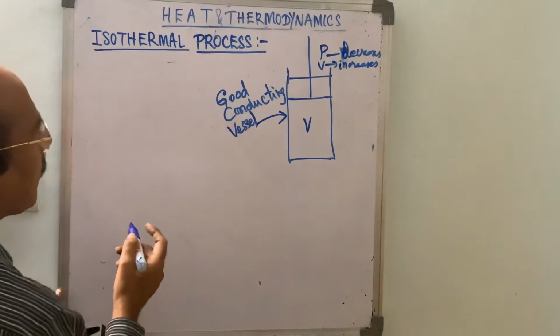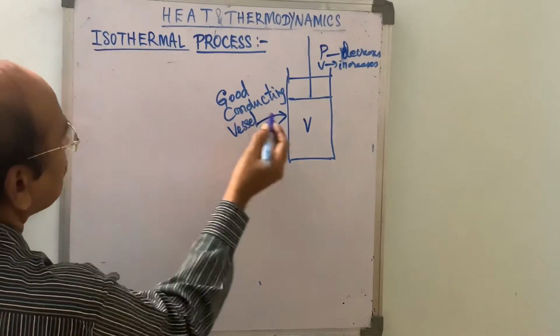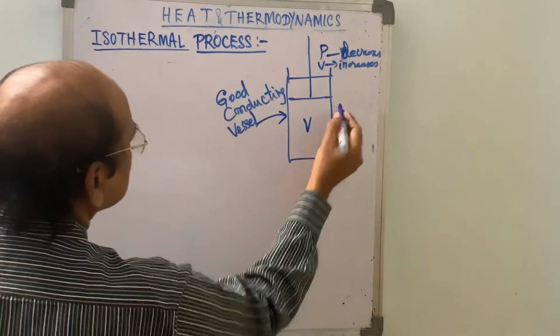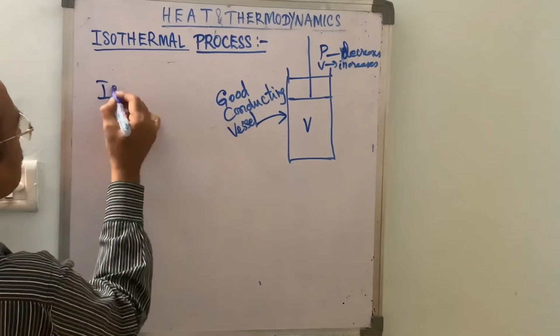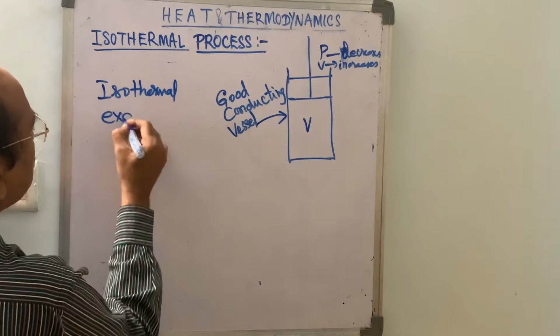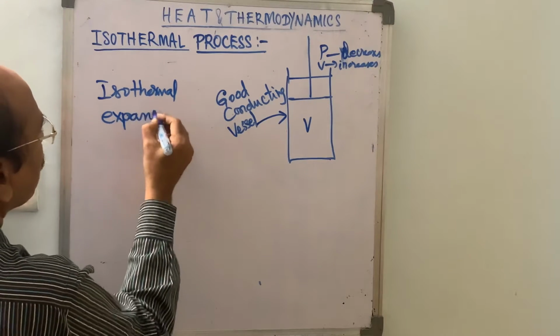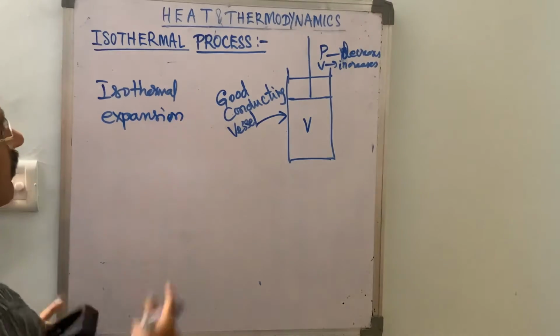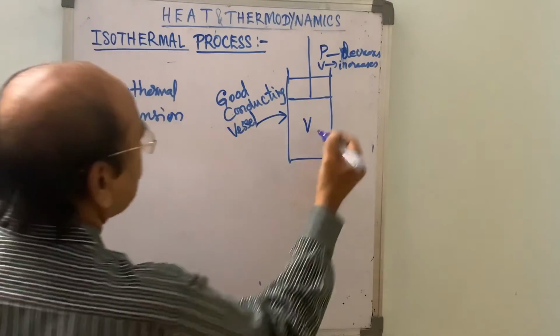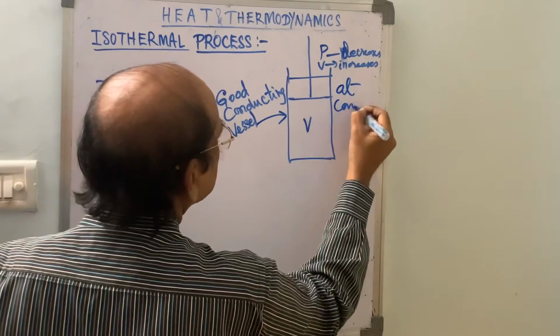This is known as isothermal expansion. So in isothermal expansion, if pressure decreases, volume increases at constant temperature.